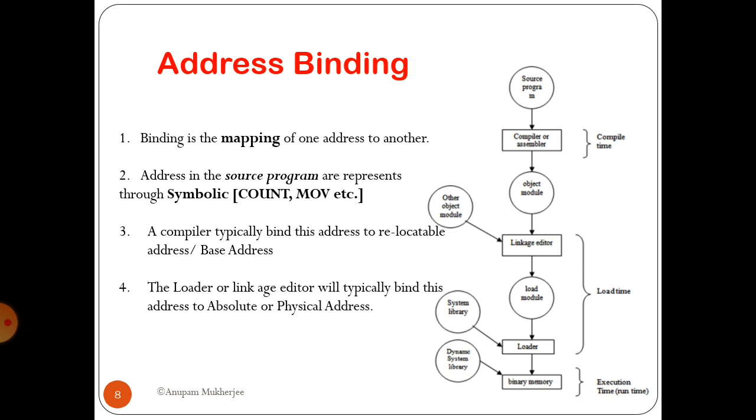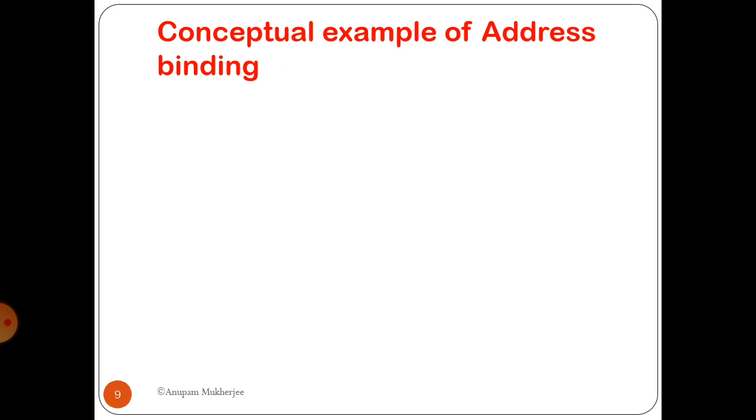Now I want to focus on a real life example, to conceptualize address binding with a real world problem. Say when you write a program in the C language and save it on your hard drive, maybe the program is hello_world.c.